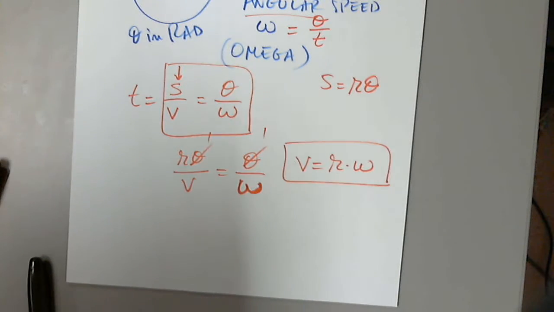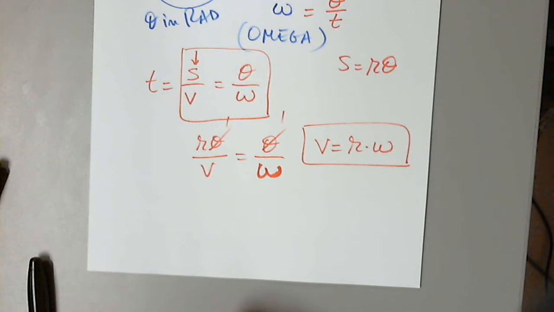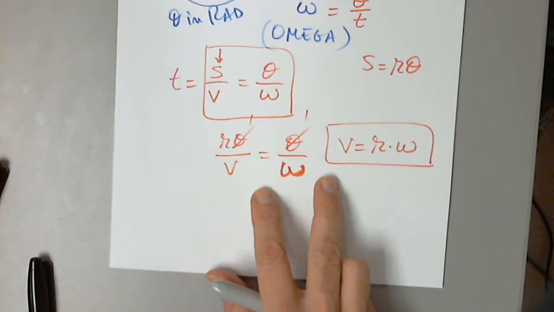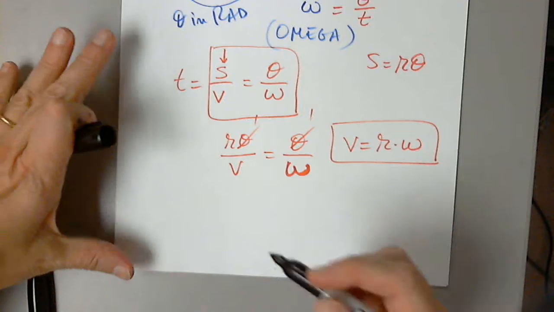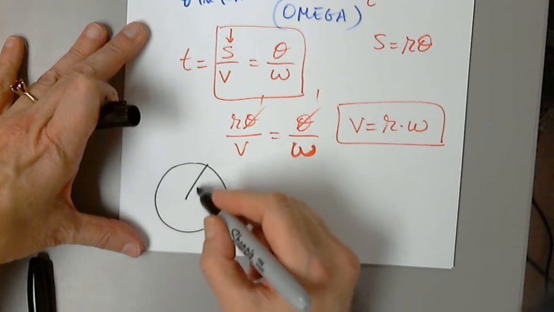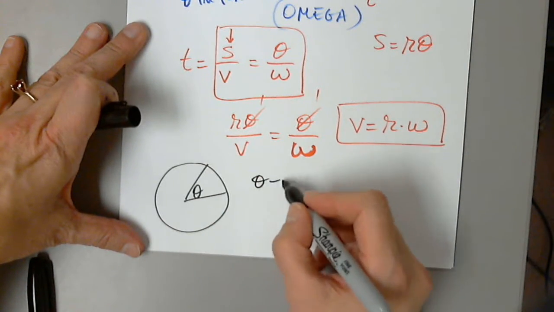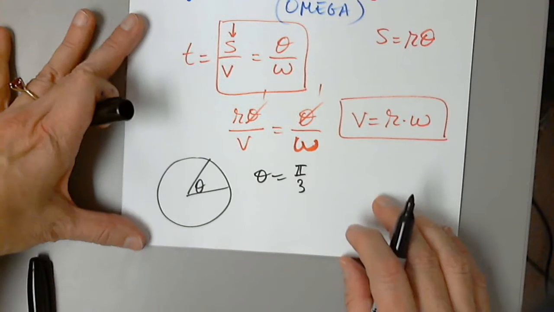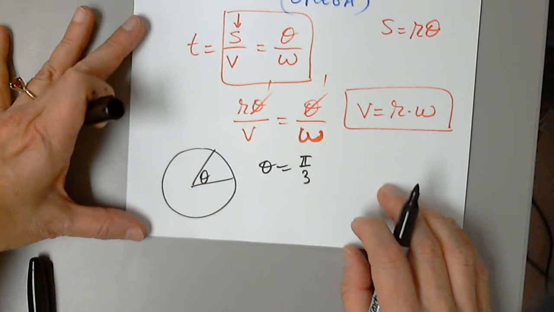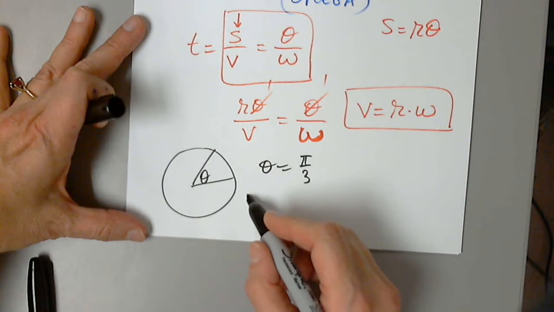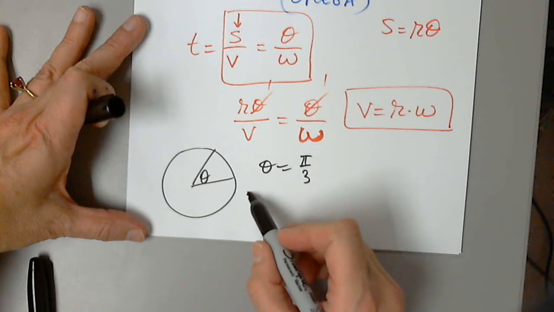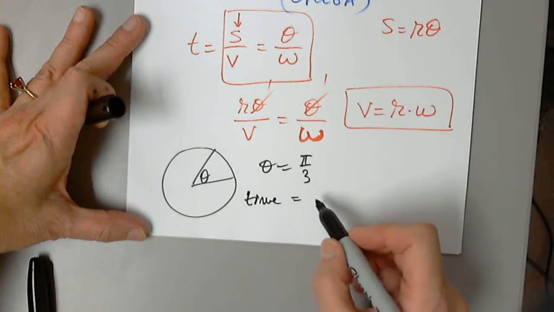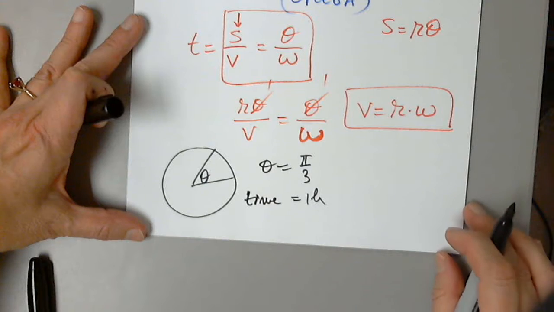Say it again. You make up a problem? Not off the top of my head right this moment. I mean, I can. Sure. Why not? So let's say theta equals pi over 3. Let's say time is 1 hour.